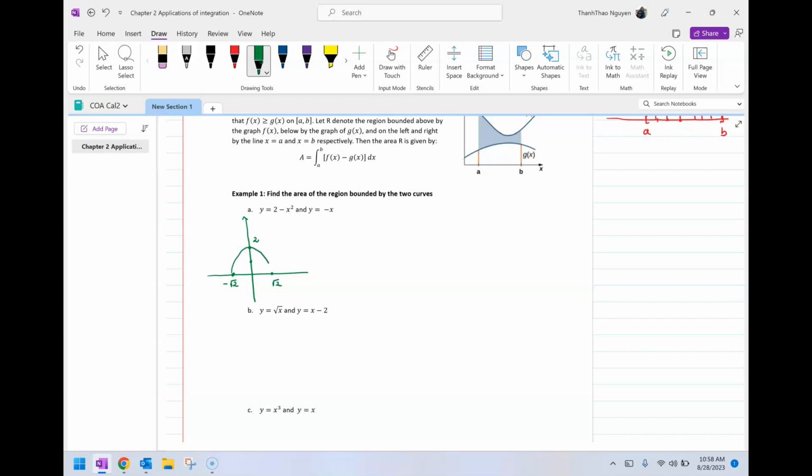So this is the parabola that we are looking at. The line y equals negative x is this line. So the region that we want to find the area of is this little region.